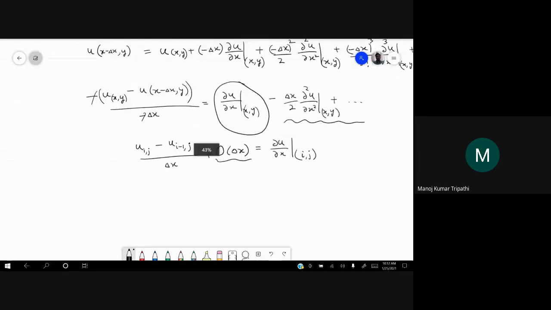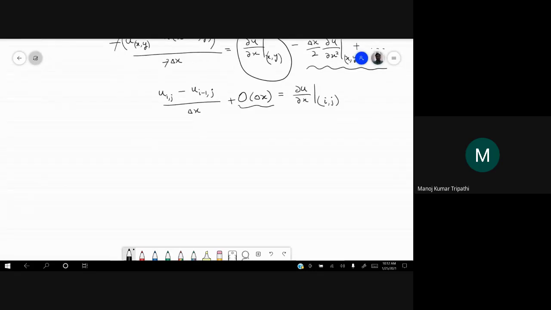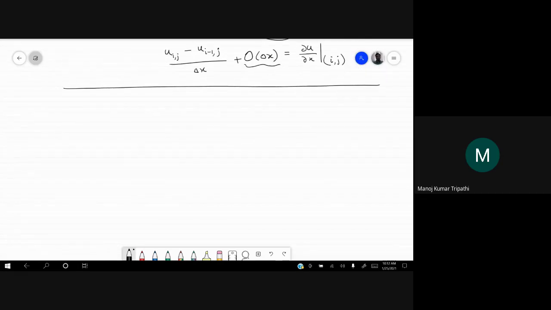Now let us see central difference formula. And how do we get order delta x square there? So let us write the Taylor series expansion again. If you remember the central difference formula, that is u i plus 1 j minus u i minus 1 j by 2 delta x.